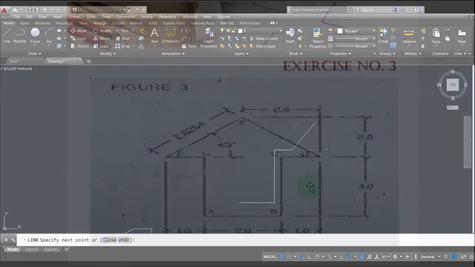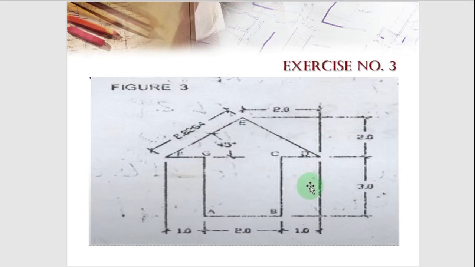And point E. From point D, we move to the left by 2 units, so the x coordinate of E, from 18 here from D, minus 2 units, making it 16, but it goes upward by 2 units.